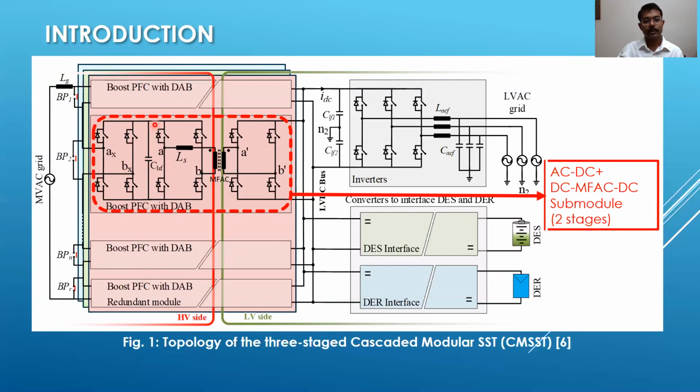Then you have the DC-DC dual active bridge with a medium frequency isolation. Also, it should be noted that the 3-phase modules, the red, yellow, and blue, are connected in interleaved fashion at the LVDC bus.